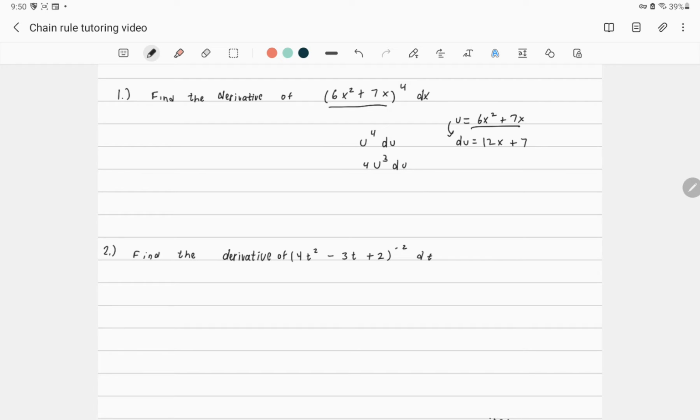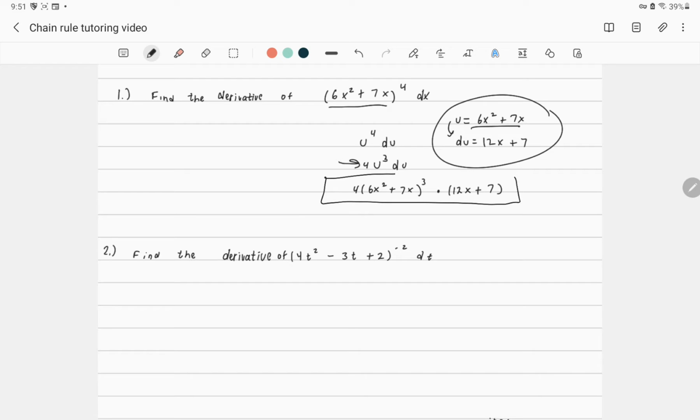And then once you get this derivative, you can plug everything over here back in. So we'll start with the u. So 6x squared plus 7x, all that to the third, times 12x plus 7. And that's it. That's how simple it is.